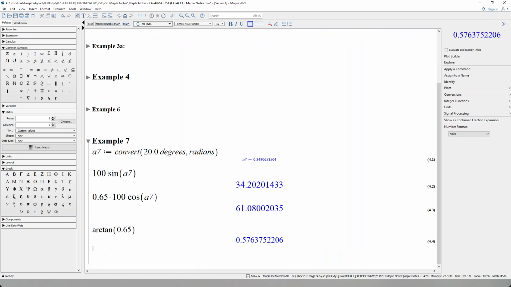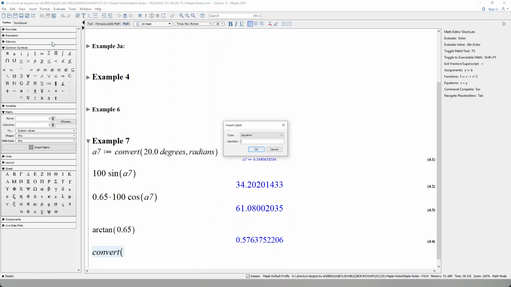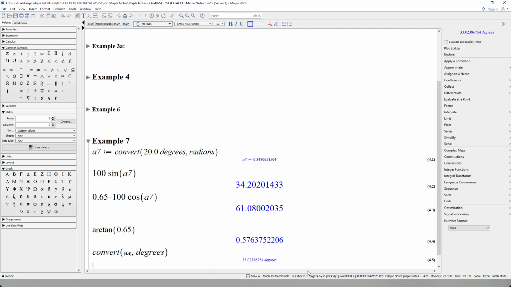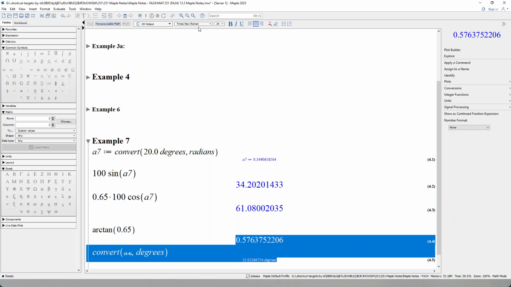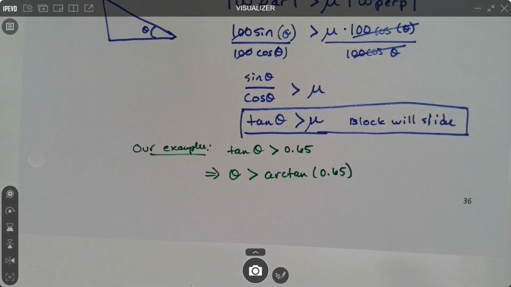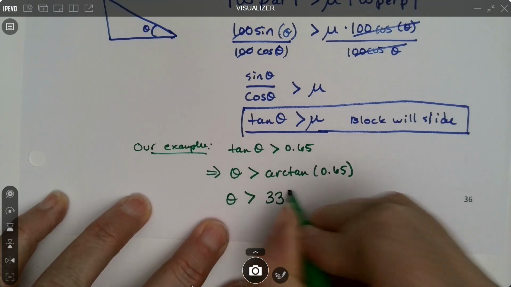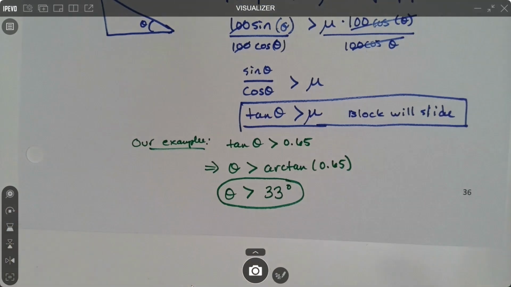So I want you to convert that answer, which is 4.4. I'm going to insert a label and tell it to take answer 4.4 and convert that to degrees. And it's 33 degrees, roughly. So we have our answer: theta would have to be greater than 33 degrees. And along the way, we actually learned another formula right here.